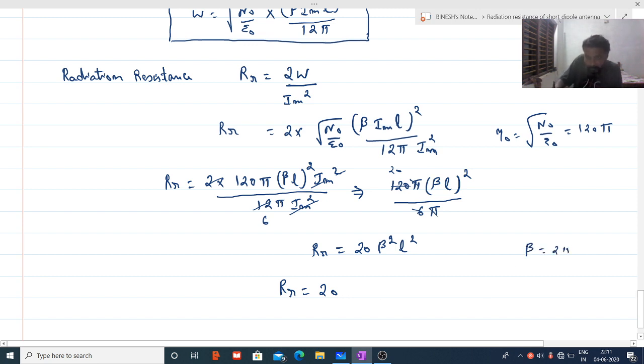Beta is nothing but 2 pi by lambda, that is 2 pi by lambda the whole square into L square.